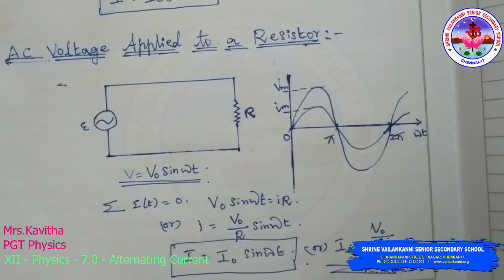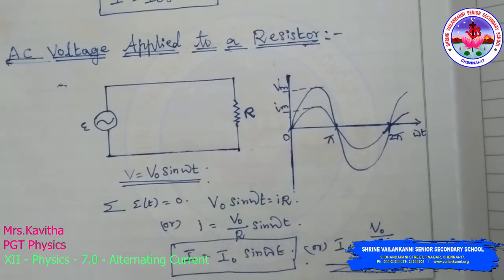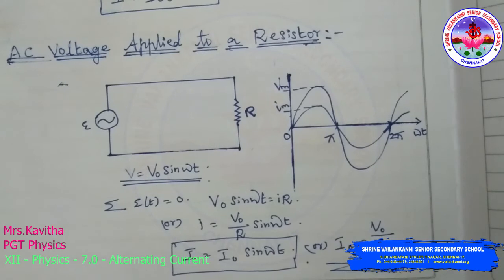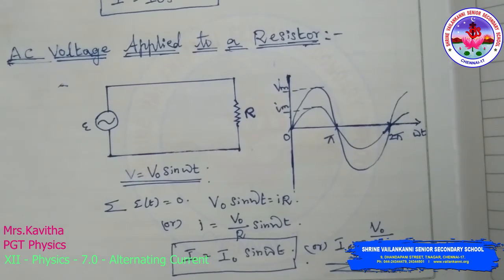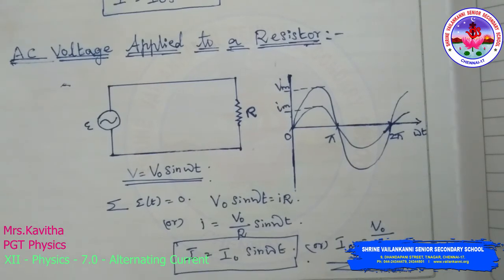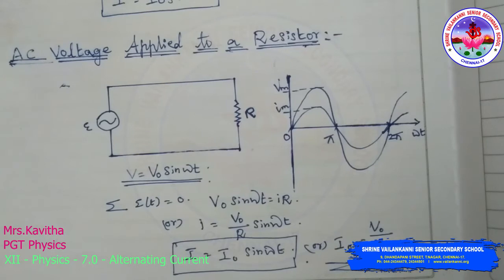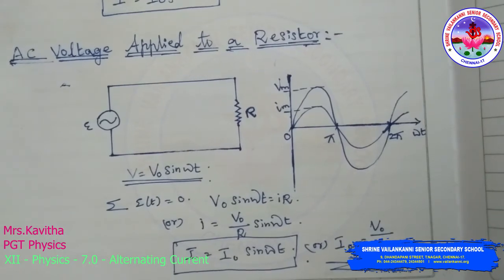See the graph of the voltage across a pure resistor and the current through it. By plotting this graph, you can note that both V and I reach zero, minimum and maximum values at the same time. So clearly the voltage and the current are in step with each other.